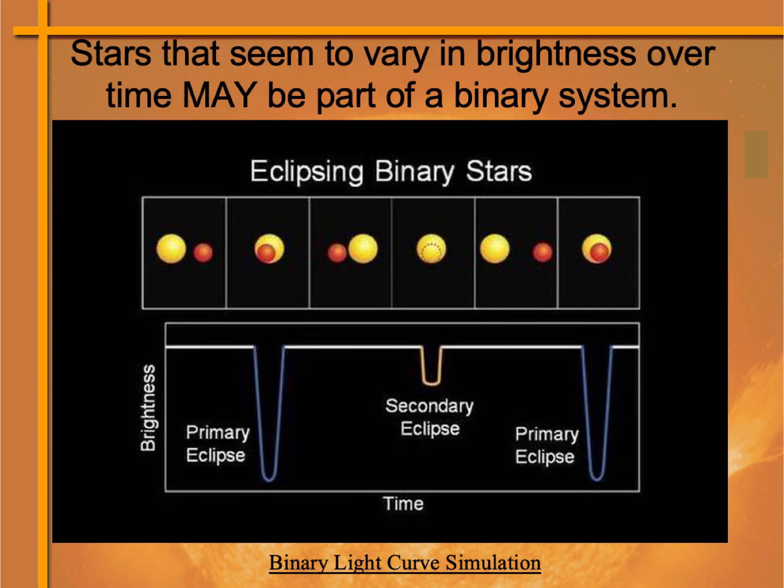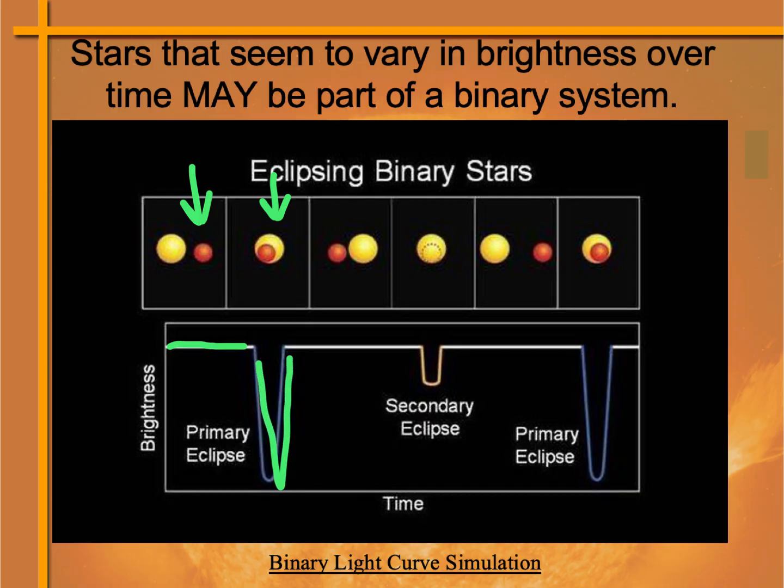On occasion, we see a star that dims and brightens with regularity. Consider this example. We see a yellow and a red star next to each other. Since the light from neither of them is blocked, we see the maximum possible amount of light. If the dimmer red star blocks the yellow one, we see a big drop in the brightness of the system.